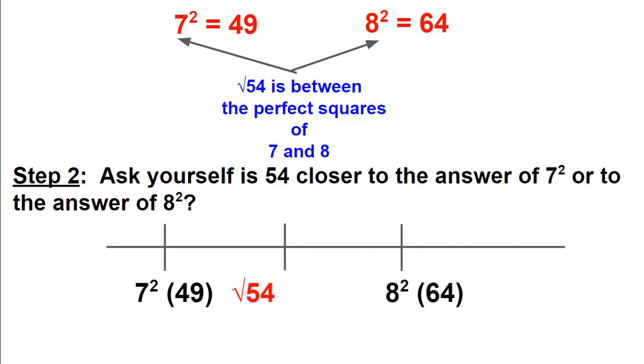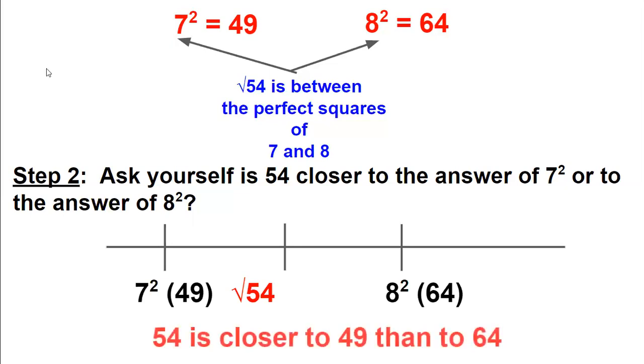So 54 is closer to 49 than it is to 64. It's only 5 away from 49, and it's 10 away from 64. There is the exact middle between 7 and 8, right?